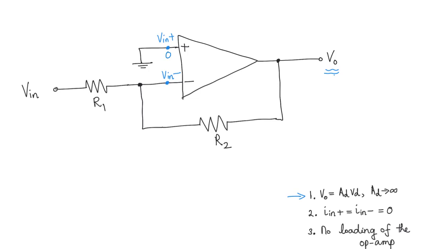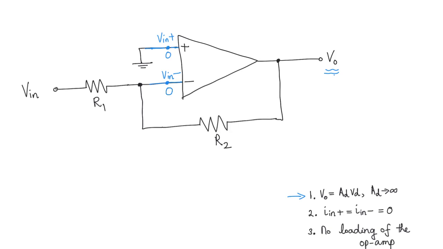And if the voltage at the non-inverting terminal is 0, what would be the voltage at the inverting terminal? Again, because we assume that the voltages at both the inputs are the same, the voltage at this point is also going to be 0.